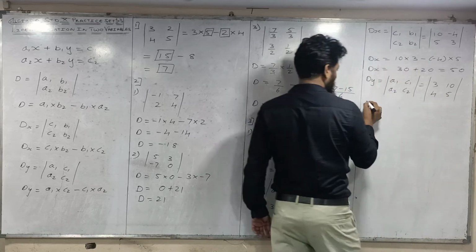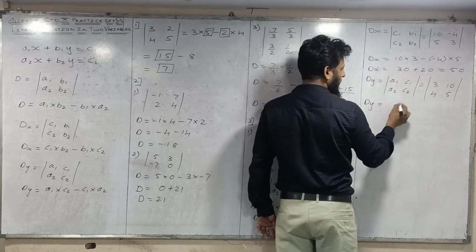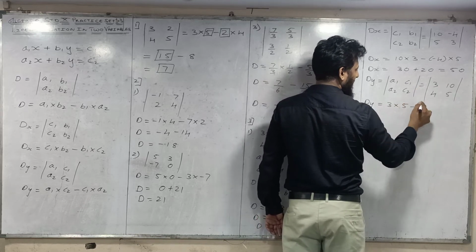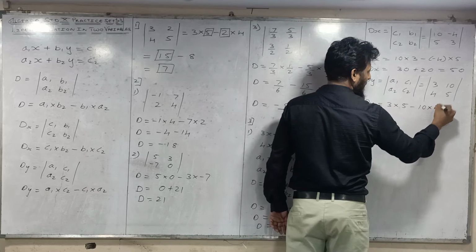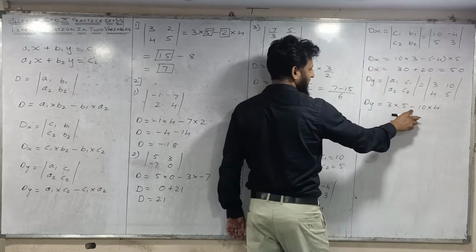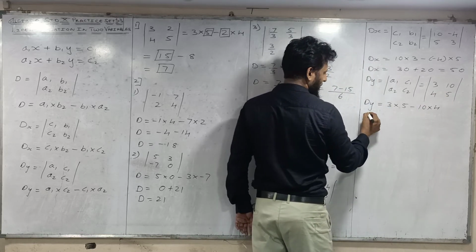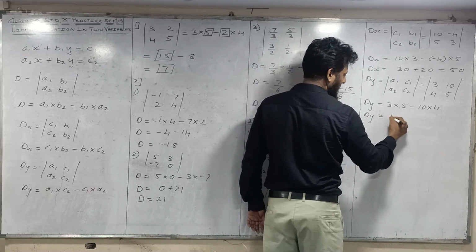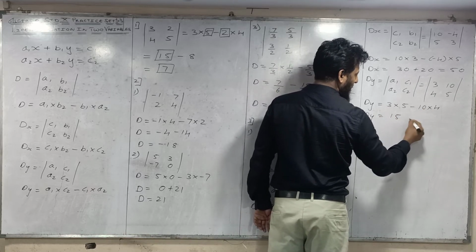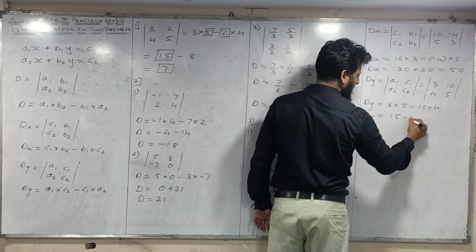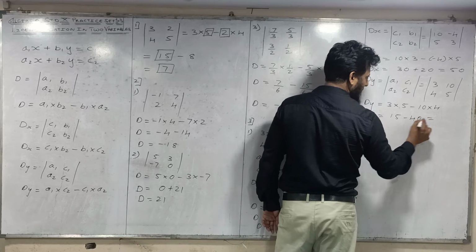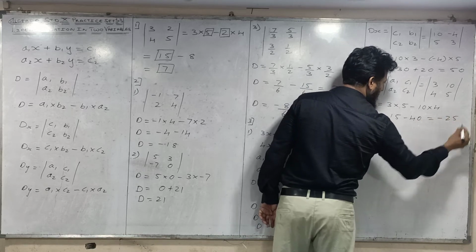Okay, dy is equal to 3 multiplied by 5, put minus sign, 10 multiplied by 4. This minus sign is of the formula. In the formula we put the minus sign. Okay, dy: 3 5s are 15, 10 4s are 40, so plus 15 minus 40 gives you minus 25.